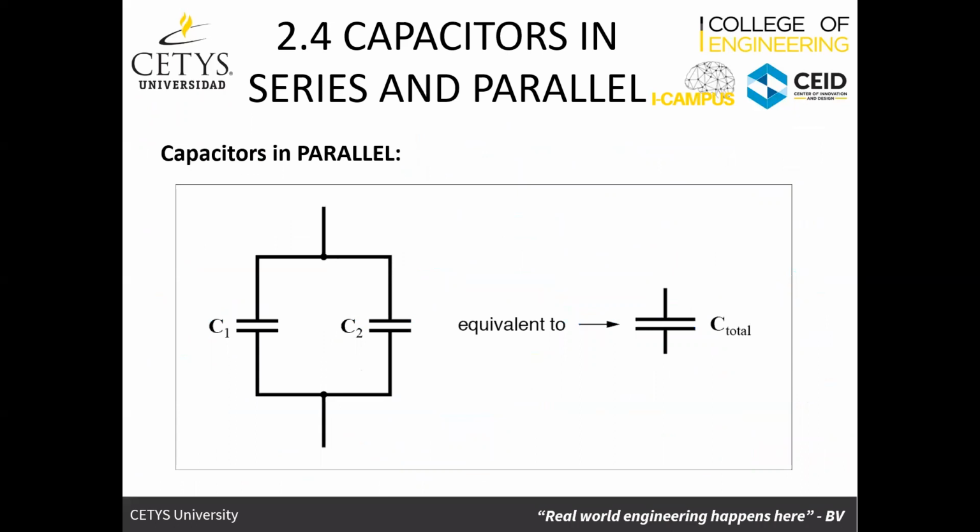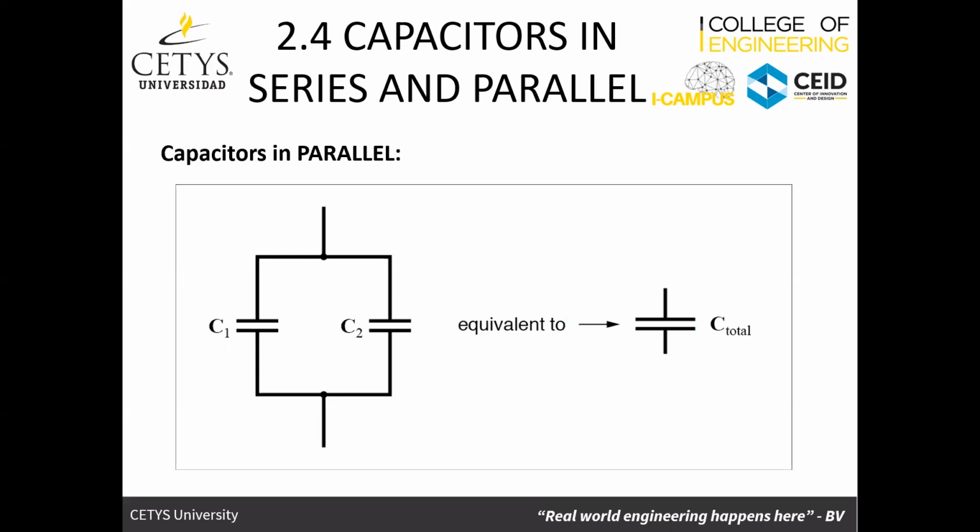Now let's talk about the parallel array. The parallel is going to behave a bit differently than the series. In the case of a parallel array, the voltage is going to be the same. If I have a parallel array, the voltage is shared, so the voltage is going to be the same across all of the elements.